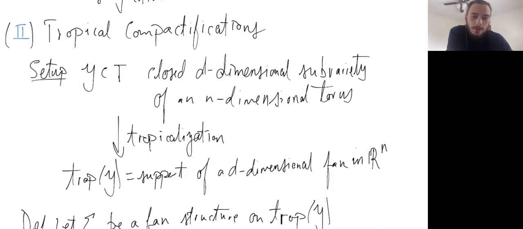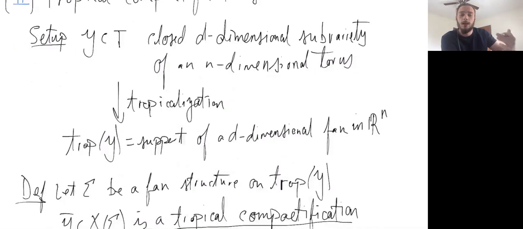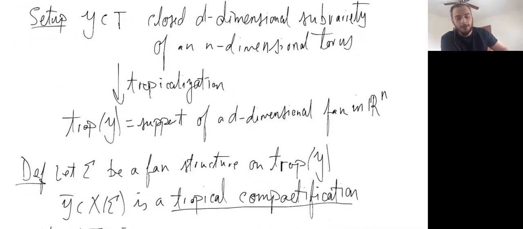And again, I can associate to Y a combinatorial object called its tropicalization, and it's not so important for me what the definition of the tropicalization is. The important point is that it is the support of some d-dimensional fan in R to the n, and then I can again use this to try to find compactifications of Y. So I'm going to do basically the same thing.